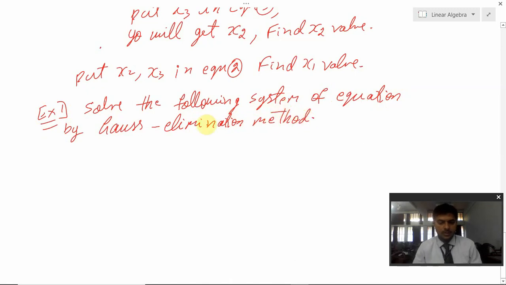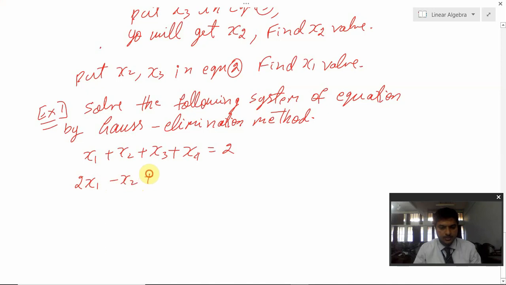method. Okay, they have given the equation like this: x1 plus x2 plus x3 plus x4. So this is a 4 cross 4 matrix. Next is 2x1 minus x2 plus 2x3 minus x4 is equal to minus 5, and this is 3x1 plus 2x2 plus 3x3 plus 4x4 is equal to 7.